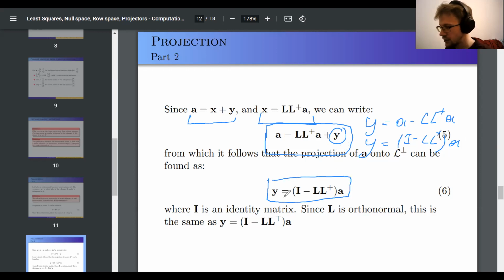So you can find Y this way. But what was Y? Y was the projection of A onto L perp.